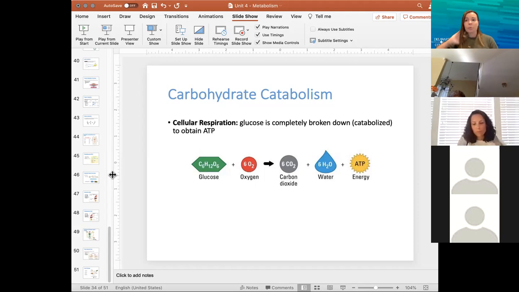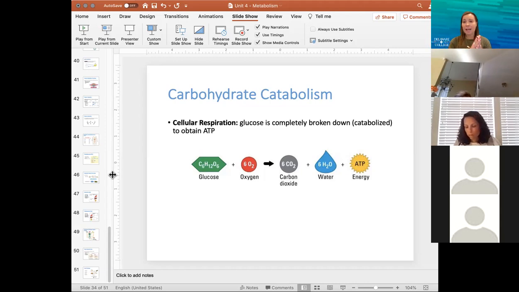But just really quickly, I promised a quick overview of aerobic respiration. Remember I said that glucose is the main molecule that is used by the body to make ATP, and it's the ATP that actually is the energy source. So aerobic respiration, also called cellular respiration, is the entire process that involves the breakdown of one glucose molecule to make ATP.